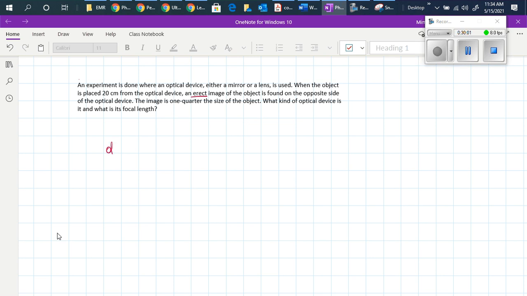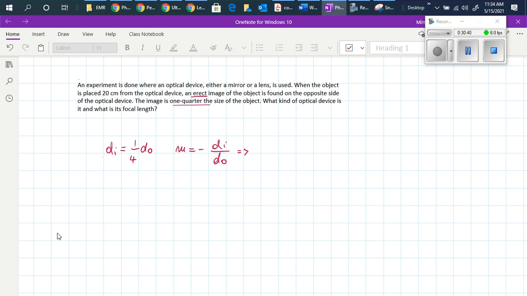So what we have is the formula like this: magnification is equal to negative DI over DO, which means that, since the image is 1/4 of the size, DI is 1/4 of DO. Okay, 1/4 of the size.